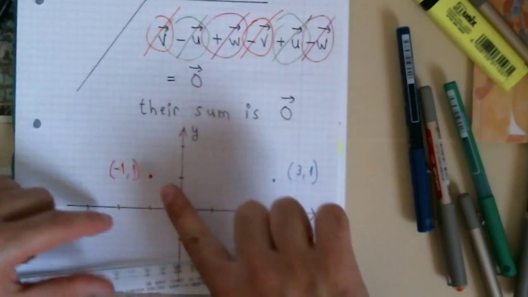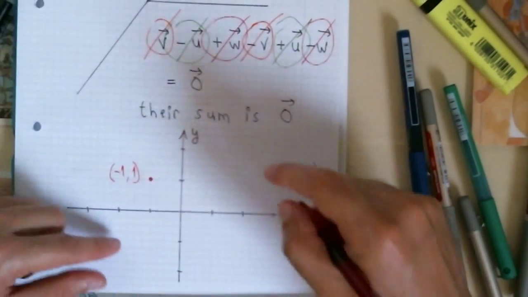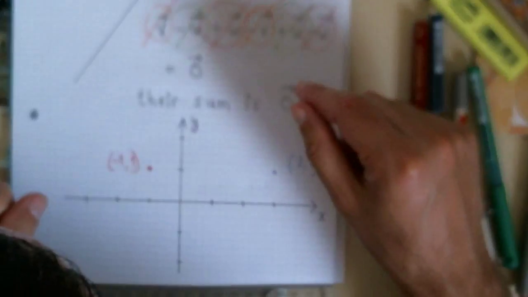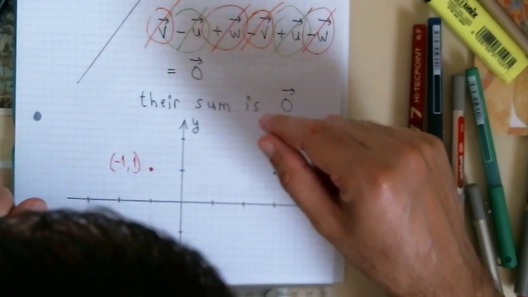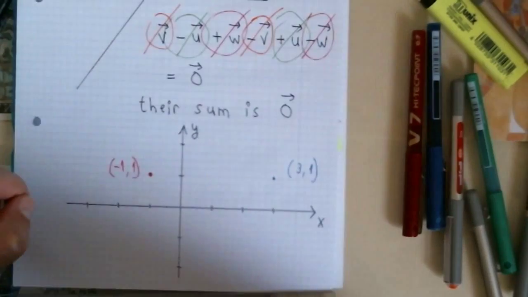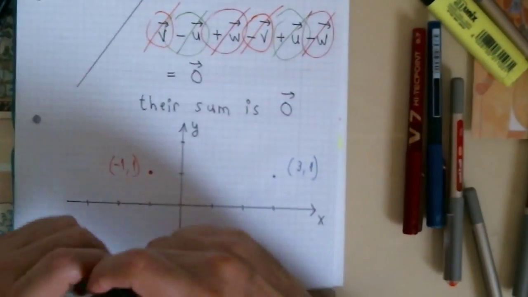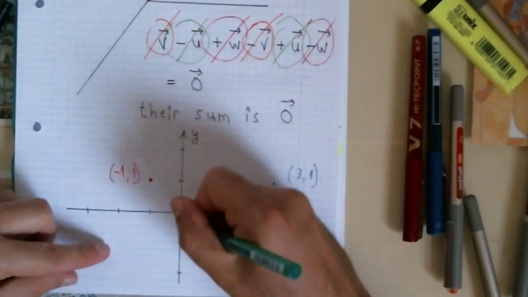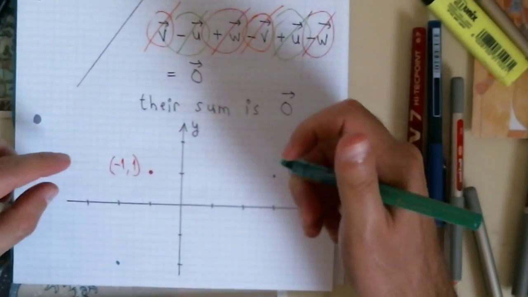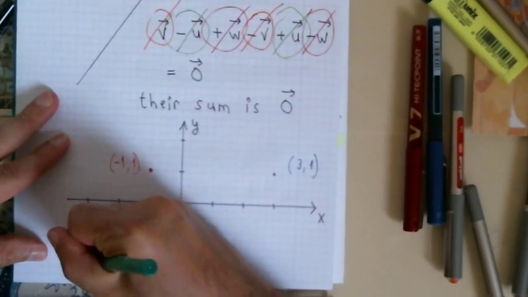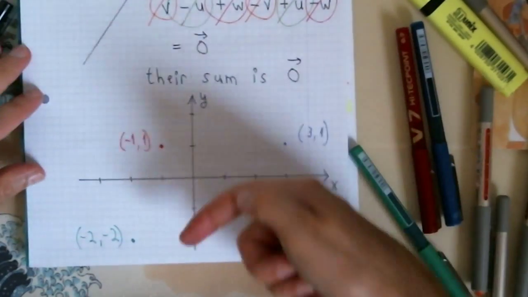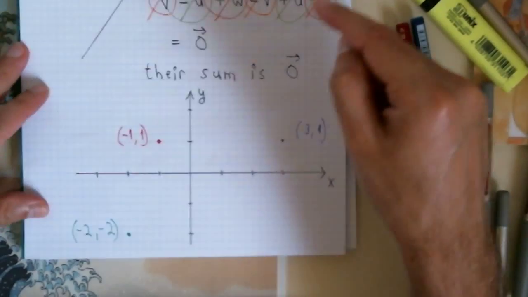Again, it can be a vector from the origin to here. Another point, or another vector, would be minus 2, minus 2. Let's put it here. This is minus 2, minus 2. Again, it can be a vector from the origin to here.